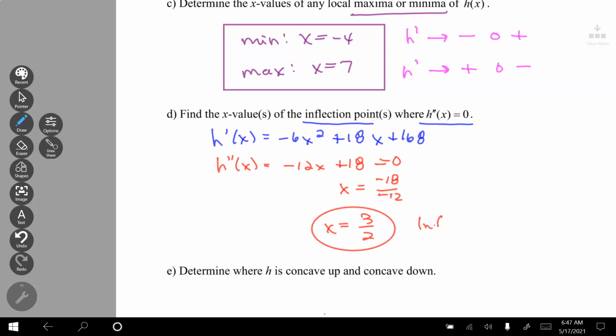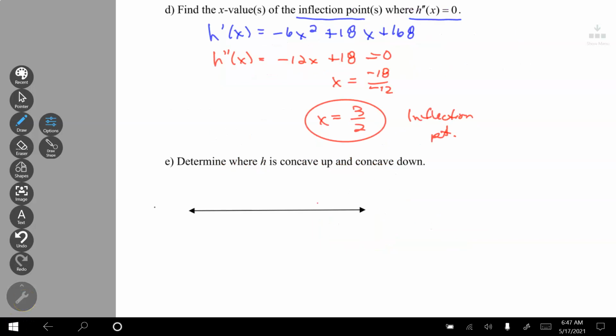This is my inflection point. This is where the graph is going to change concavity. So now this is where I'm going to do my h double prime number line. The only number I have on this one is 3 over 2. That's my 0 value. I have to pay attention. The leading term for the second derivative is negative 12x.